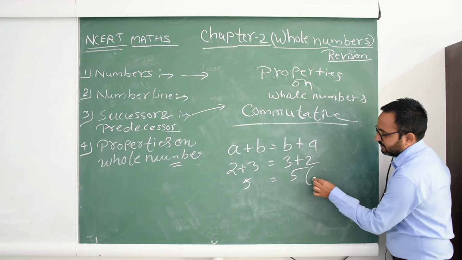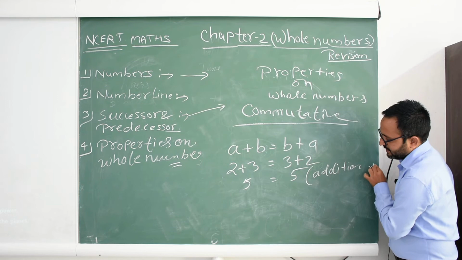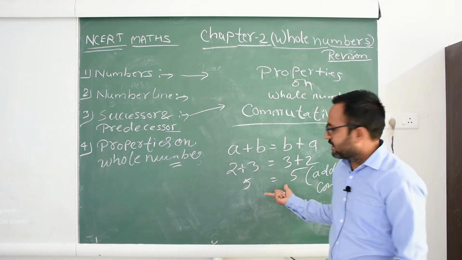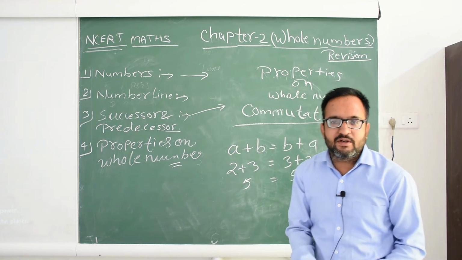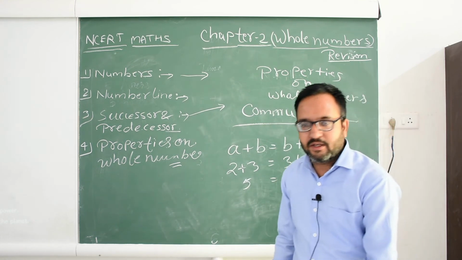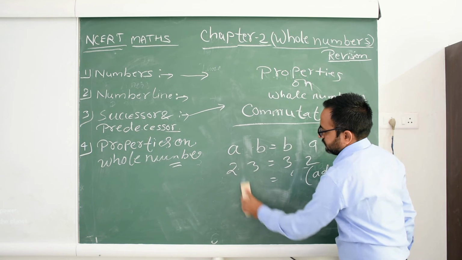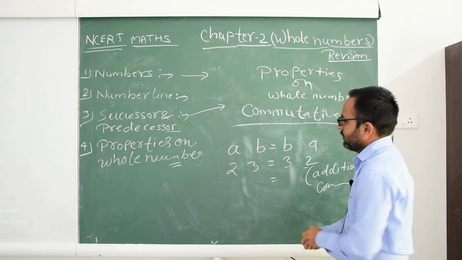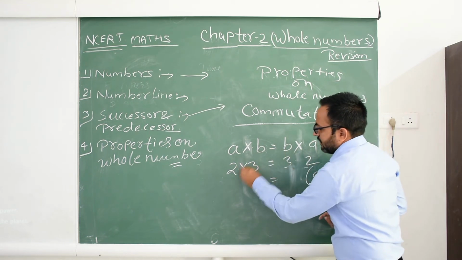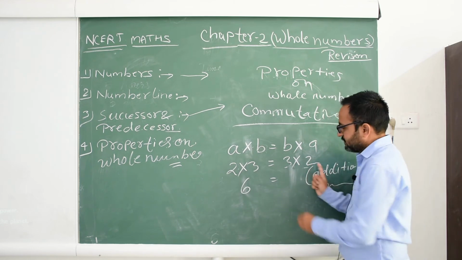So addition is commutative. Okay, now we check whether multiplication is commutative or not. Here we put the multiplication sign, and here also we put the multiplication sign. 2 threes are 6 and 3 twos are 6.